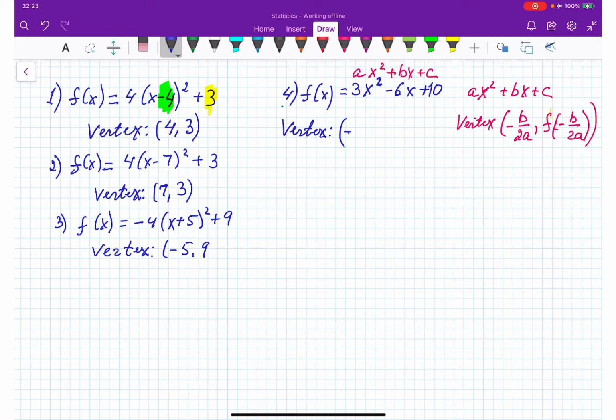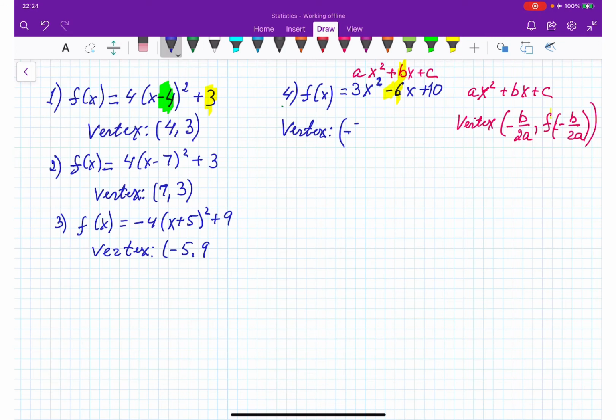How much is my b here? It's right here, b, look, 6 here. So it's going to be negative 6, right? My b is negative 6.